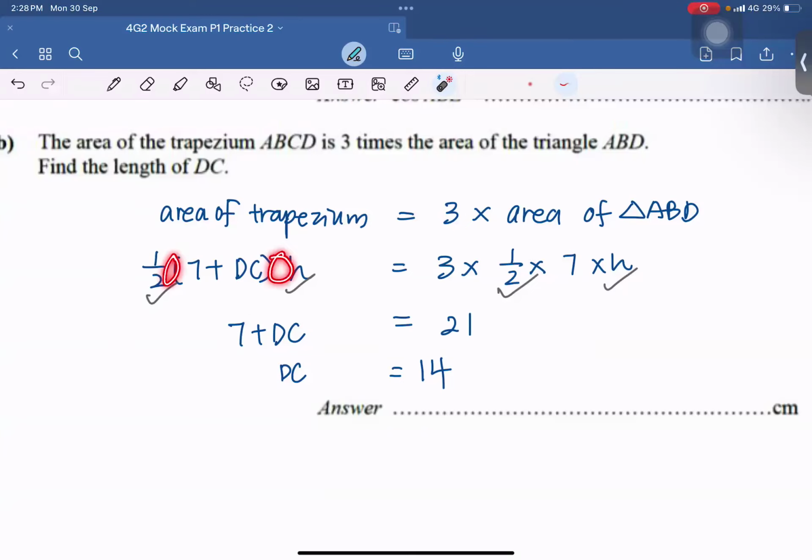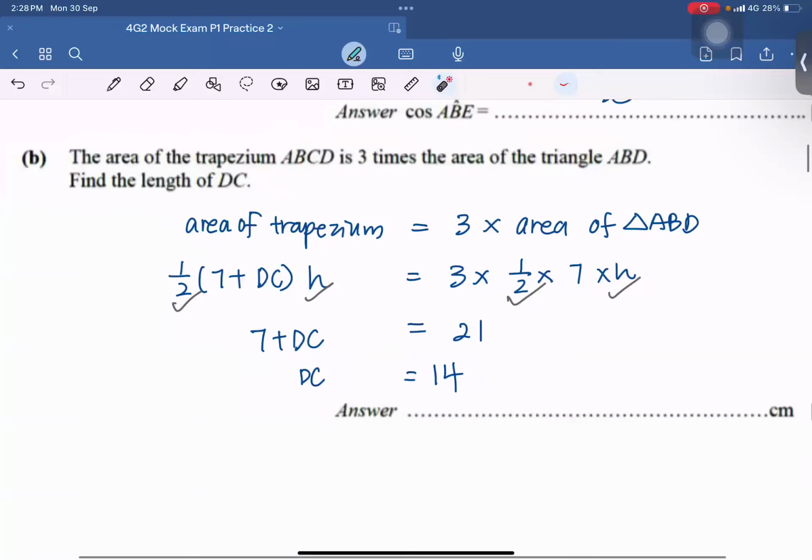It's because everything is all multiplied together. That's why I can cancel. If this half is inside another calculation, another bracket, then I cannot anyhow cancel. But it's outside, right? It's just everything multiplied together. So I can just cancel. So 7 plus BC, which is the thing that I want to find, is equal to 3 times. Then just minus it by 7, get my answer.